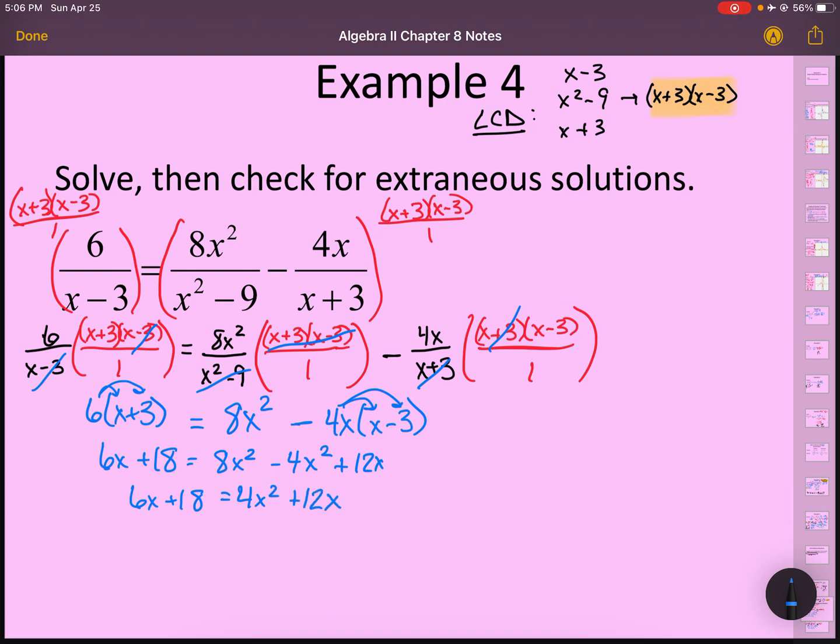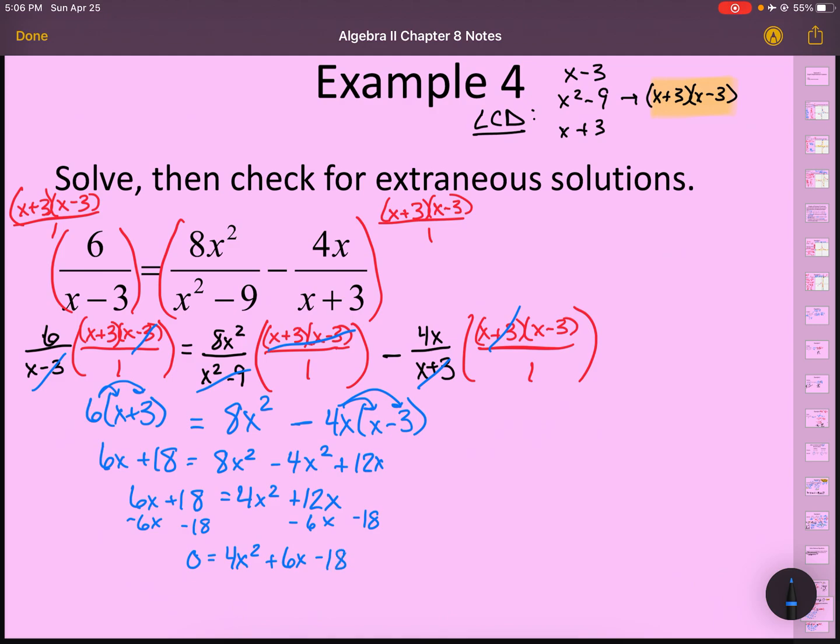And we're going to make a quadratic equation that can be factorable. So we're going to subtract the 6x on both sides and the 18 in order to make 0 on the left-hand side and avoid any negatives. So this is 4x squared plus 6x minus 18.